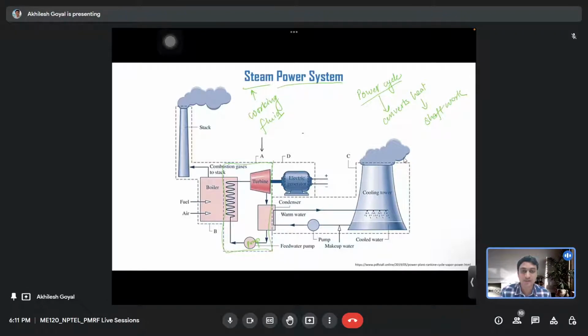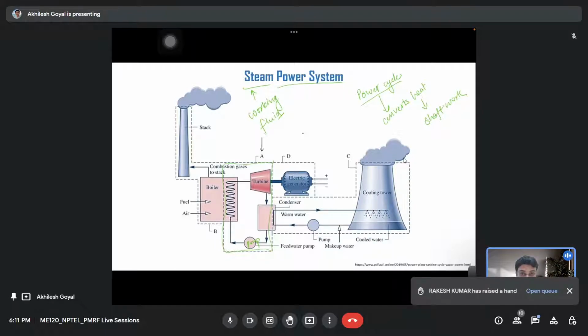This shaft work is converted into electrical energy with the help of the generator. And the third subsystem is the cooling tower or cooling system. The cooled water from the cooling tower is circulated to the condenser, and the steam that comes out from the turbine is condensed into water.